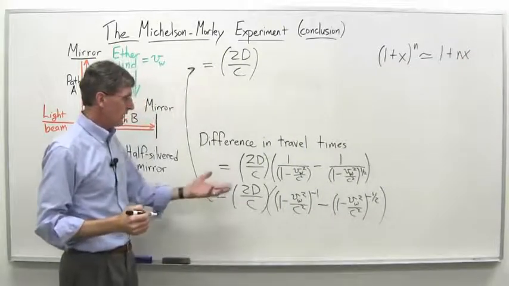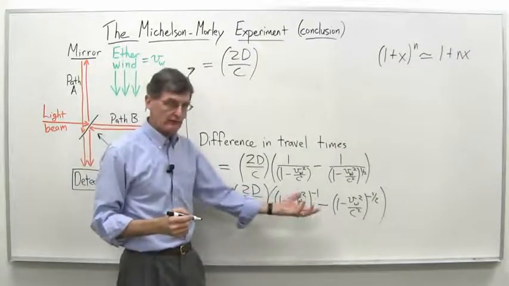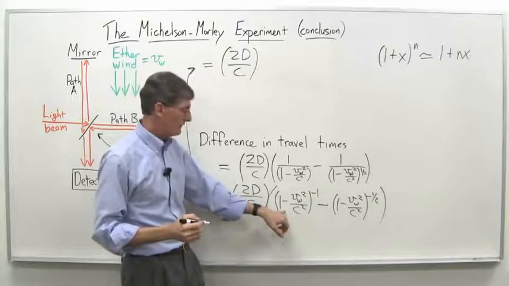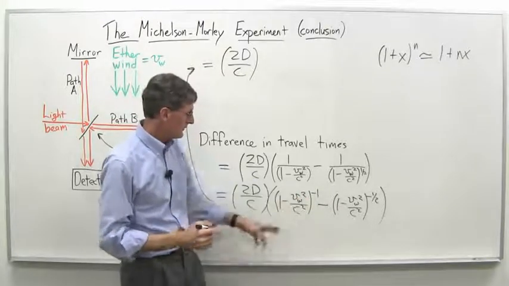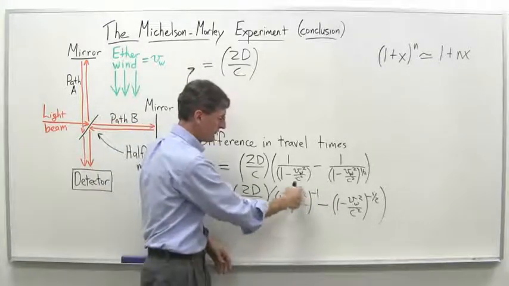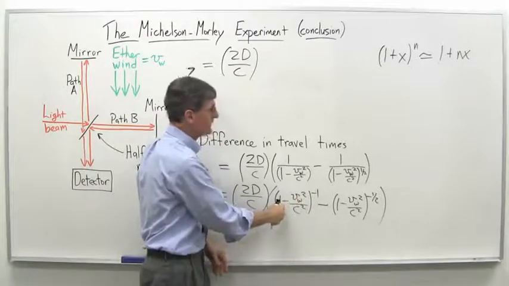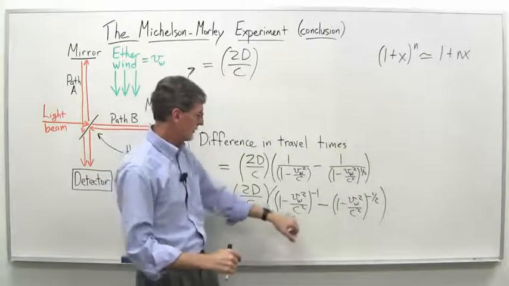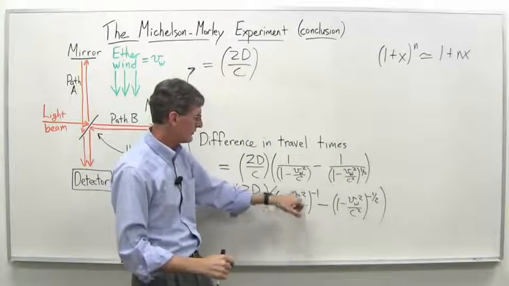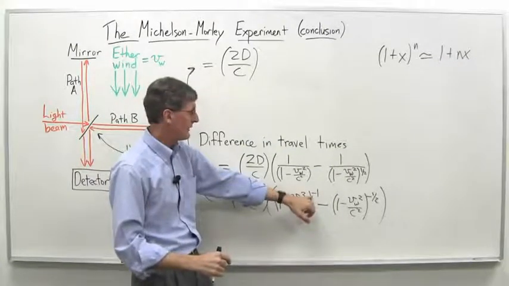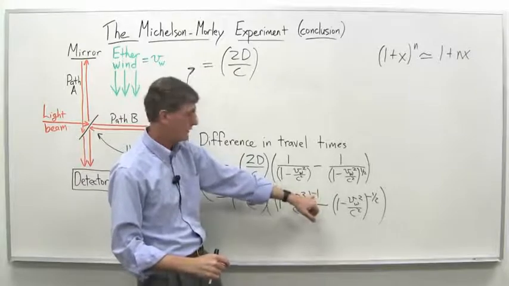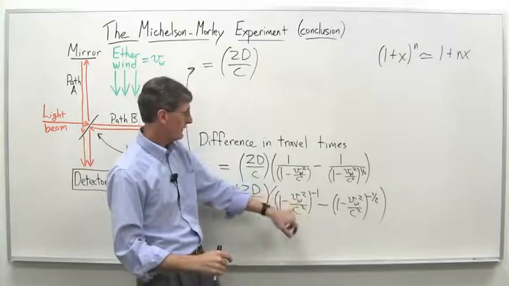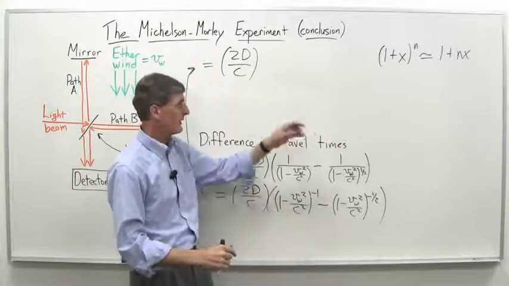Note, this is why I rewrote this here. This is the form we have. X in this case is vw squared over c squared, and if I have a minus sign here, this just becomes a minus there. So either way works. I've got 1 minus something to the negative 1 power, so in this case n is negative 1, and x is vw squared over c squared, with just a minus sign instead.